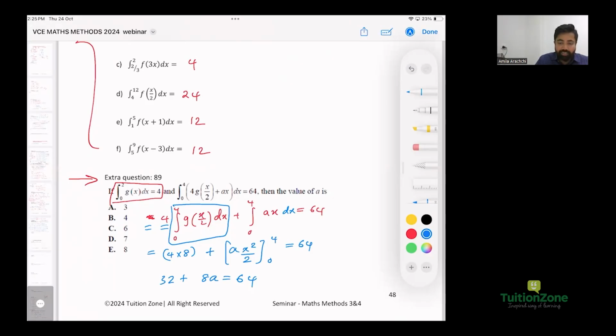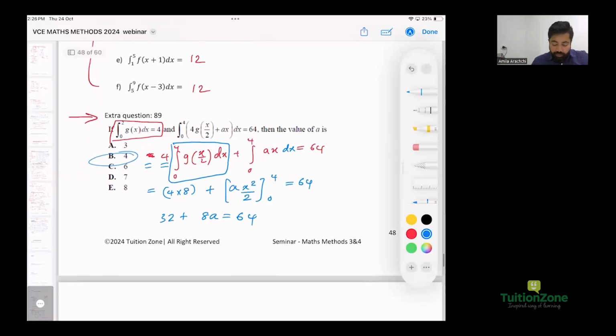Did you say 4? It is 4, yeah. Because I thought I read 32 as 32a. Yeah, it's 4. All right, perfect.